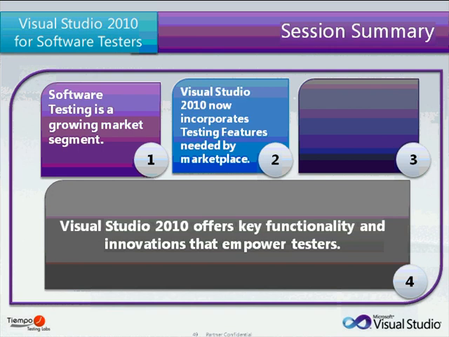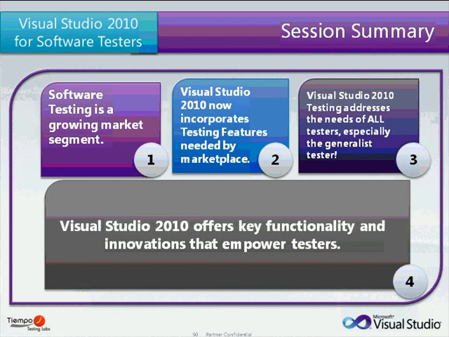Visual Studio 2010 now incorporates testing features needed by the marketplace, and Visual Studio 2010 addresses all the needs for the testers, especially the generalist tester. And again, that's a very important concept to understand. It's a disruptive and new element that now the generalist tester has the ability to test right alongside the developer with a tool that is shared completely across the organization.